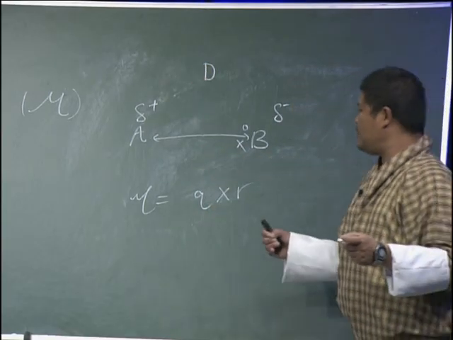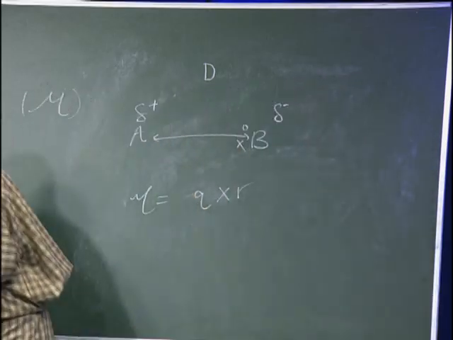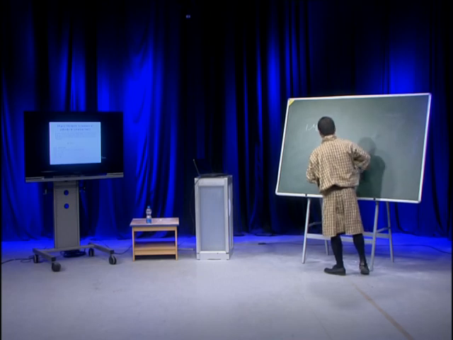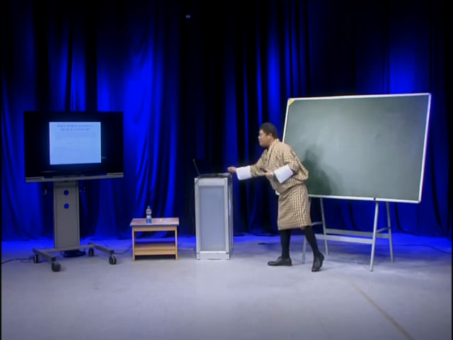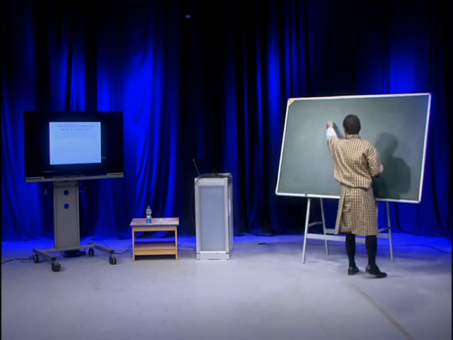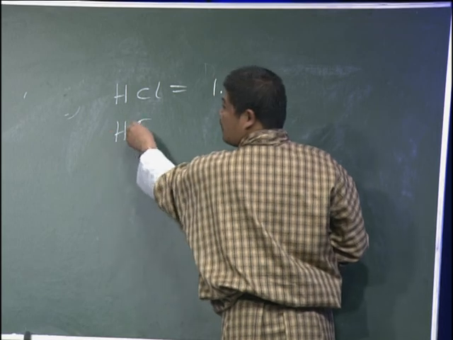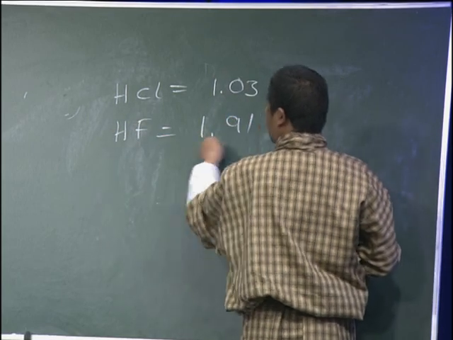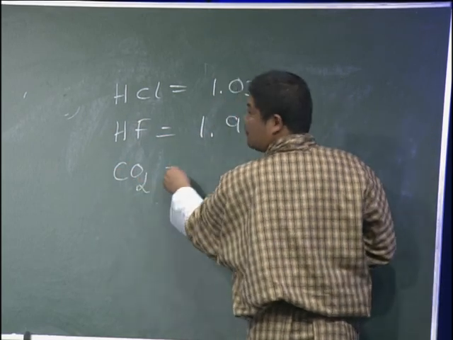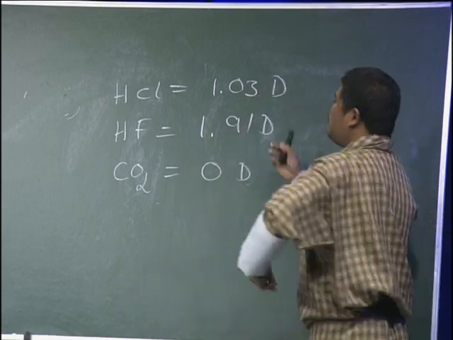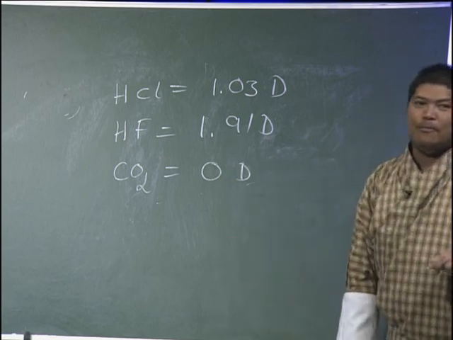Now let me give you a few examples of dipole moment for some molecules. For HCl, the value is 1.03, for HF the value is 1.91, and for CO2 the value is 0 D. What can we conclude from the given data?